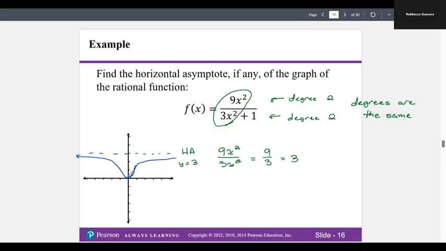So this one's symmetric. But as we see, as x approaches positive or negative infinity, our y values, our f of x values, are going to approach 3. So we have a horizontal asymptote at y equals 3.